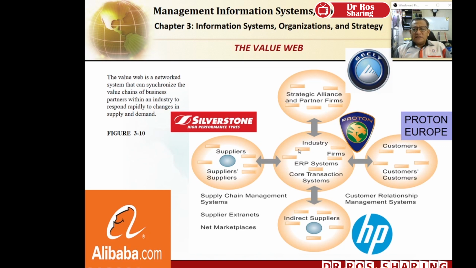The intranet system or computer system at Proton is also linked to suppliers, for example tire manufacturers like Silverstone, Toyo, Sime Tires, and so on. These suppliers also have intranet systems, and the Silverstone intranet system is interconnected or linked to Proton's intranet system, perhaps in the form of ERP or supply chain management enterprise software.